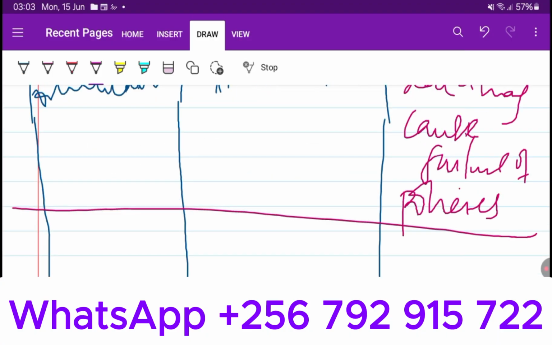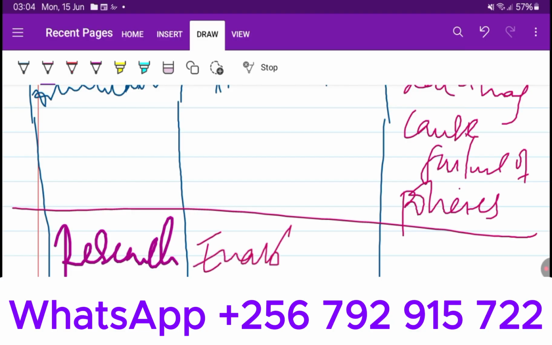Then lastly, research, because we said it can be used in research, either in social science or natural science. The importance in terms of research is that it enables hypothesis testing.